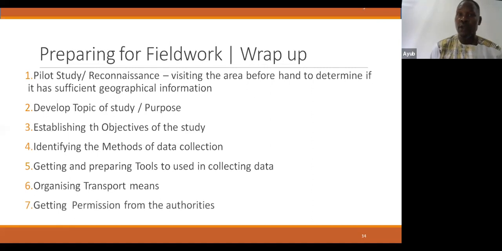Another thing, in preparation, you get permission from the authorities. Last week, someone told me my parents refused me to go for the study. You ask for permission. Please don't just walk out of the home and say, hey, our geography teacher said we must do field work.